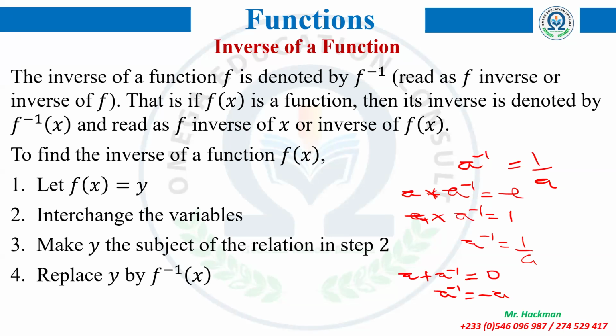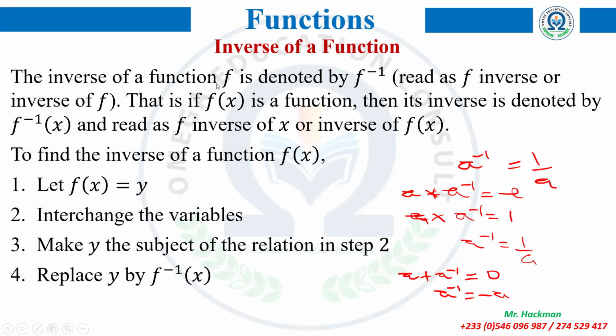Here, the inverse of a function, so I read the inverse of a function f, and I'm using f as my general function. It could be j, it could be what have you. It is denoted by f to the power negative 1. And remember, we said in math, anytime you are looking for the inverse of any quantity, just take the quantity in terms of notation, then give the quantity the power of negative 1, as simple as that.